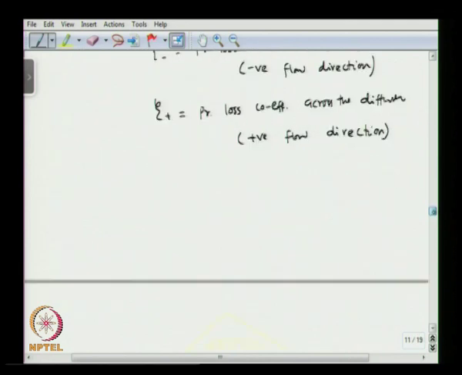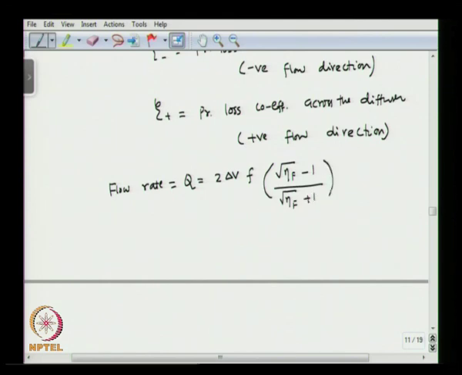So we can write an expression for the flow rate: Q is equal to delta V into f, where f is the frequency of the oscillation of the membrane, into square root of eta f minus 1 divided by square root of eta f plus 1.